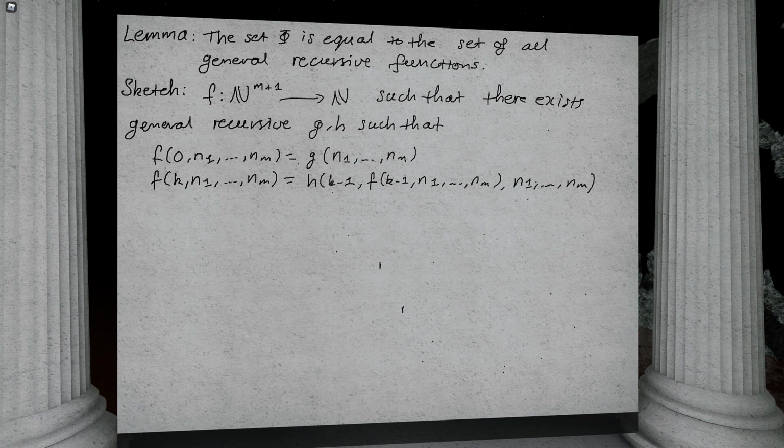So we think about these as recursive functions, if you're familiar with such things from computer science. Okay, if we have such a thing, then what we can do is identify the value f of k, n1 up to nm with the k plus 1th element in the following sequence.